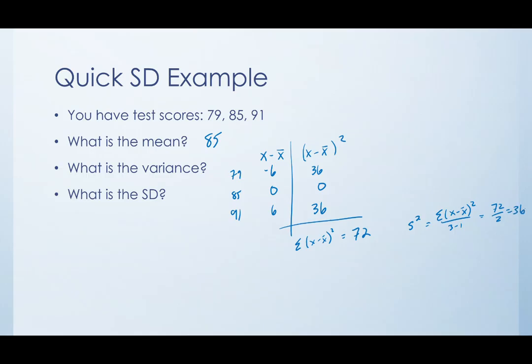So our variance is 36. Standard deviation is just the square root of that. So square root of 36, 6. So, this one's easy because there's only 3 data values. You don't want to do this by hand for anything bigger. It's a pain in the rear.